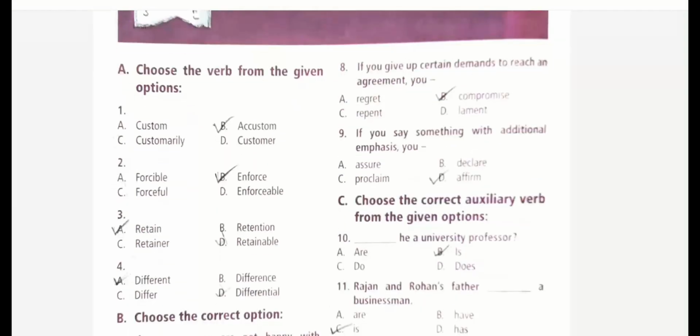Okay, in question A, you have to choose the verb from the given options. What options do you see? In A, it's custom, accustom, customarily, and customer. Let's understand the meaning of each word, and then we'll see whether the word is a verb or not. Custom has a couple of related meanings.